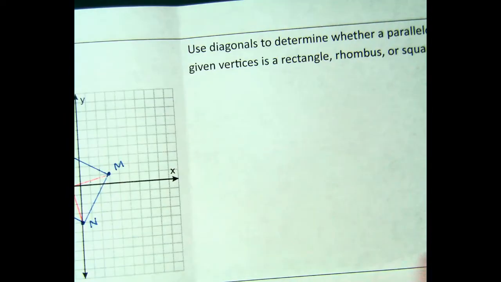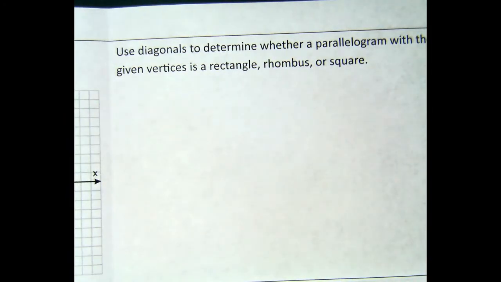So I'm trying to determine if, first of all, if we want to show if it's a rectangle or not, we're trying to determine if LN is congruent to KM or MK. So let's look at that first.